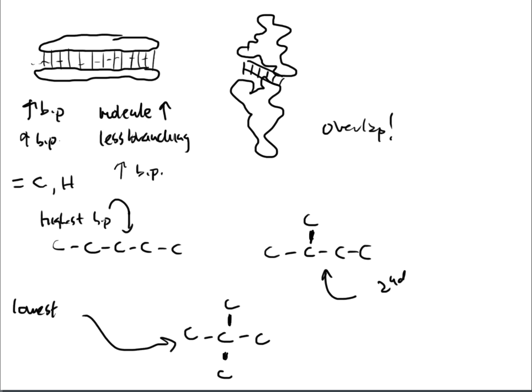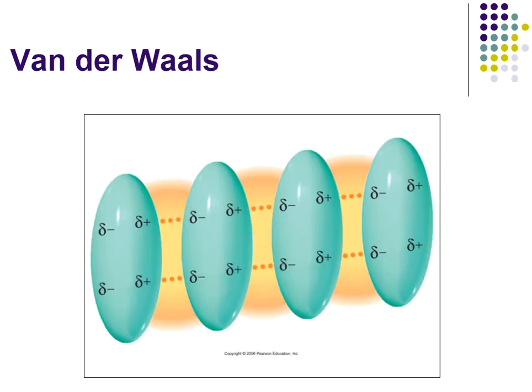All right. Okay, so here's an image of van der Waals forces, and specifically here induced dipole-dipole. Here we have a neighboring molecule, and these get slightly positive and slightly negative charges, and these dotted lines that you're seeing in between are the temporary glue that's holding the molecules together.